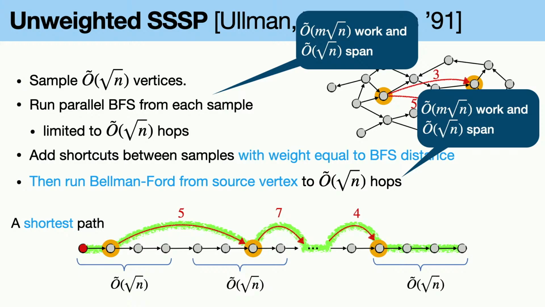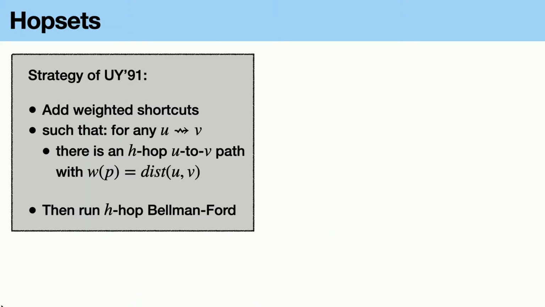OK, so they do that in their paper, and they solve unweighted shortest paths. Again, their strategy is to add weighted shortcuts with the goal of making it so that for any pair of related vertices, there is now an h-hop path with weight equal to the distance.